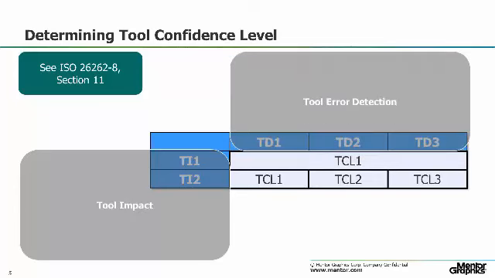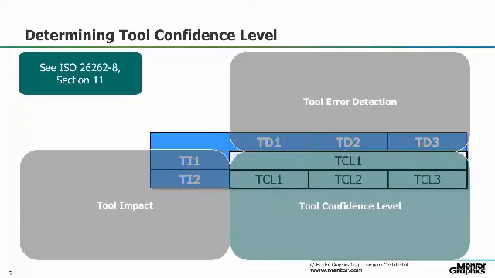The tool error detection, TD level, basically is a confidence level that a malfunction or erroneous output will be either prevented or detected. So you will have a high confidence level, a TD1, medium, TD2, and low, TD3. And those together give you the tool confidence level, TCL 1, 2, and 3, which basically is the level of confidence that a software malfunction will not lead to a violation of a safety requirement.